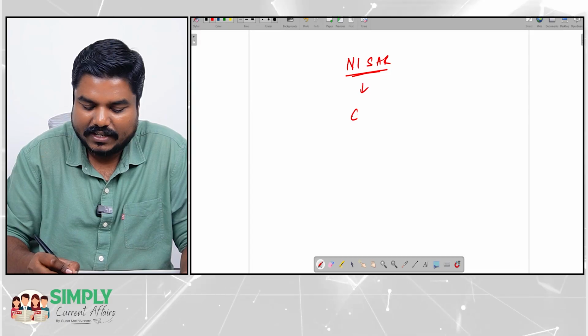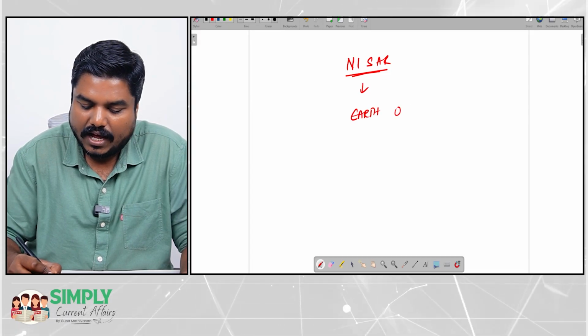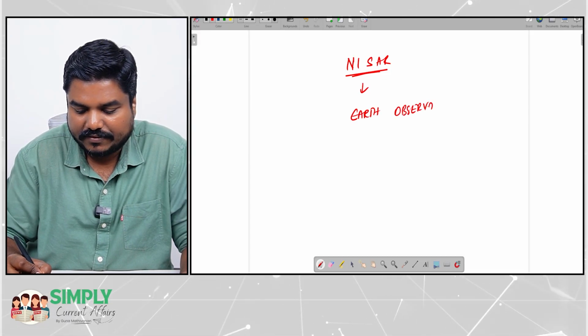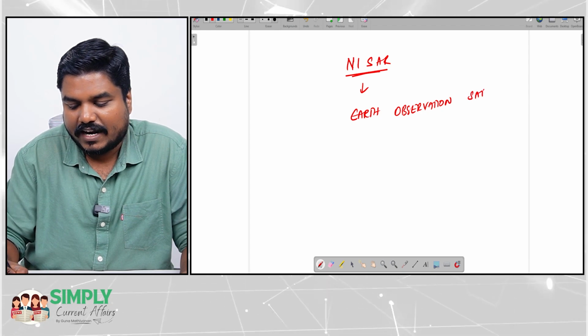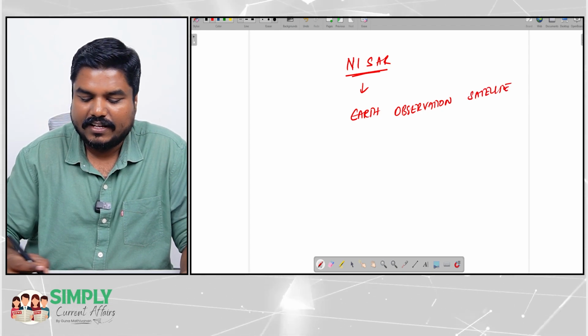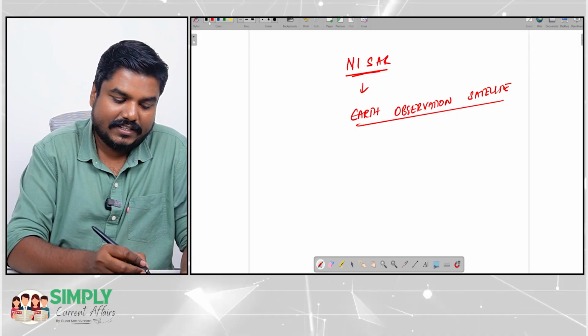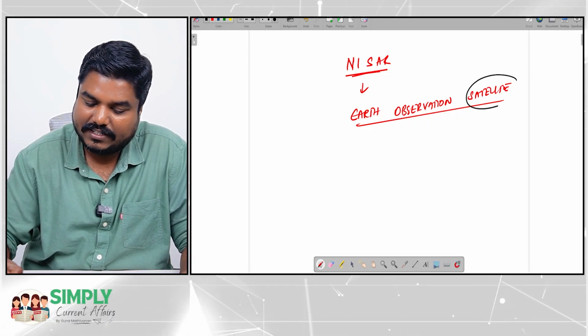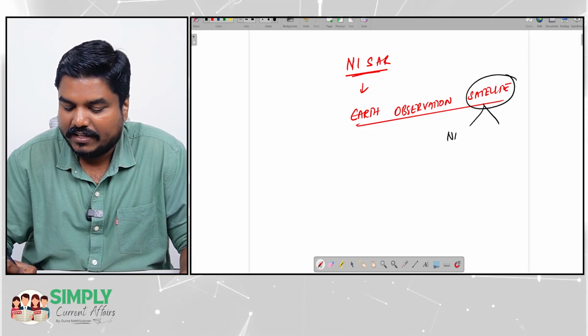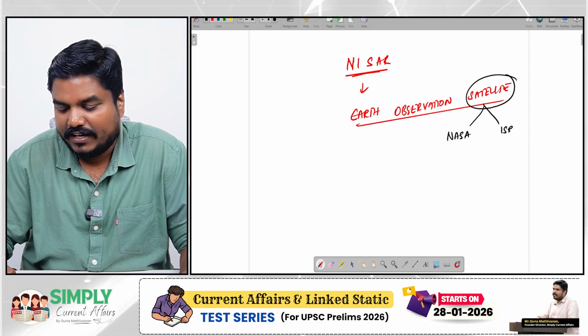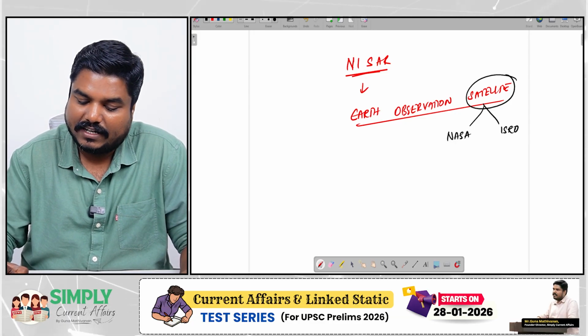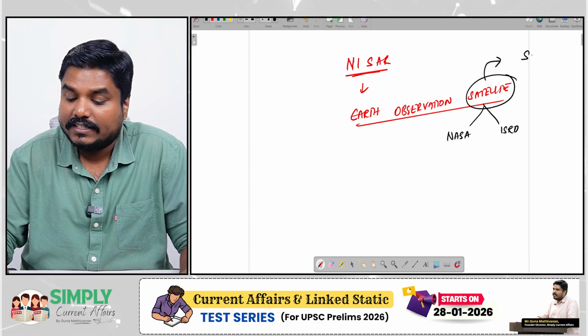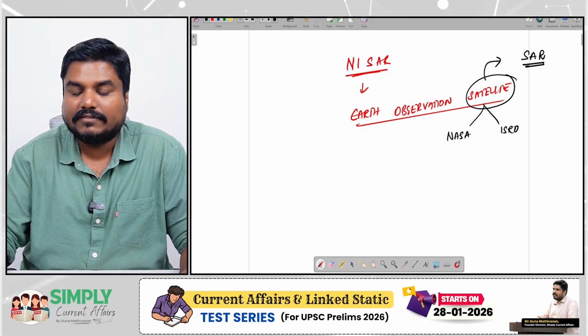NISAR is an Earth observation satellite. Right? So this satellite is developed by NASA and ISRO. Now this satellite has synthetic aperture radar.